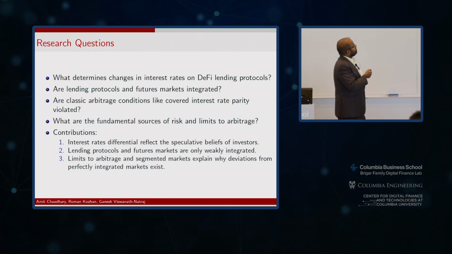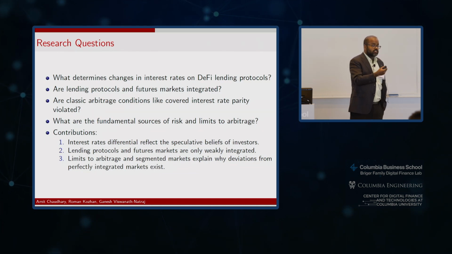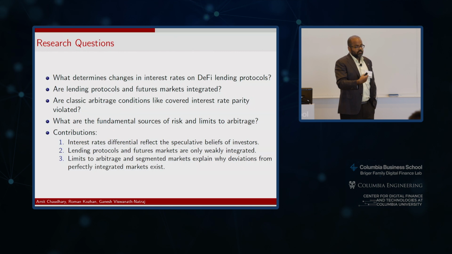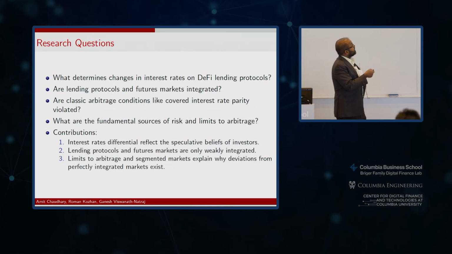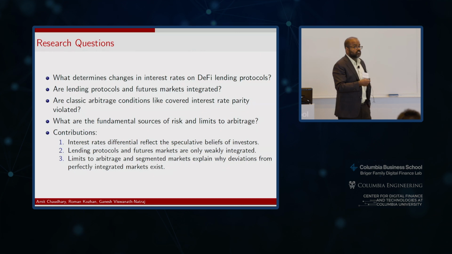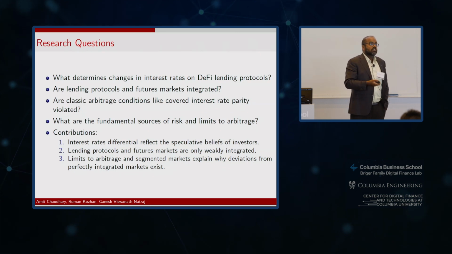We first look at the interest rate difference between stablecoins and risky currencies, and we find that they do reflect the speculative beliefs of investors. We will show that lending protocols and futures markets are integrated, but only weakly.